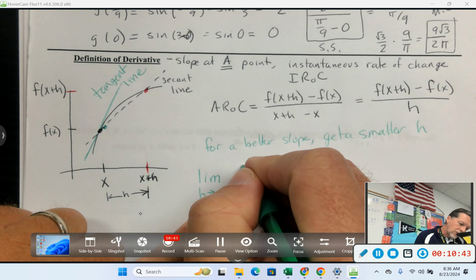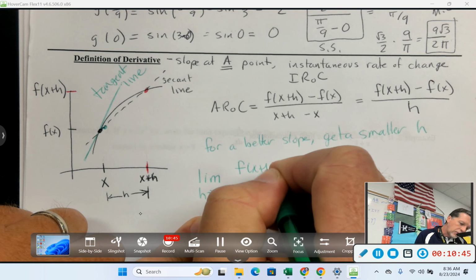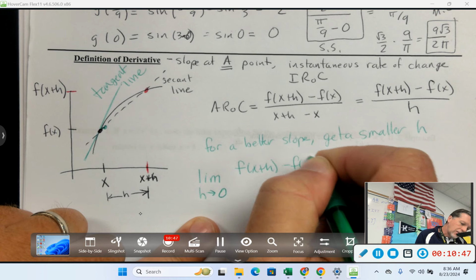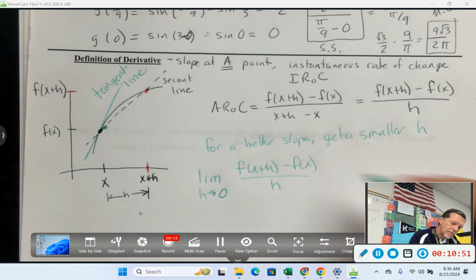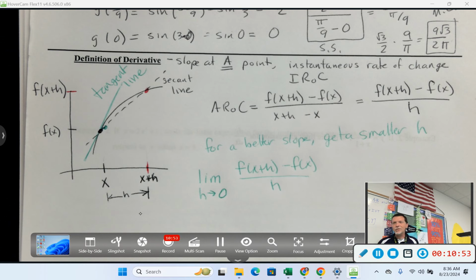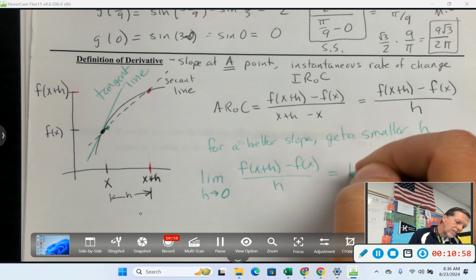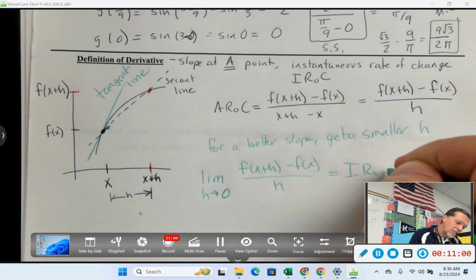So the limit as h goes to 0 of f of x plus h minus f of x all over h. That would be it. That's not close, that's it. If we let h go all the way down to 0, that is the instantaneous rate of change.